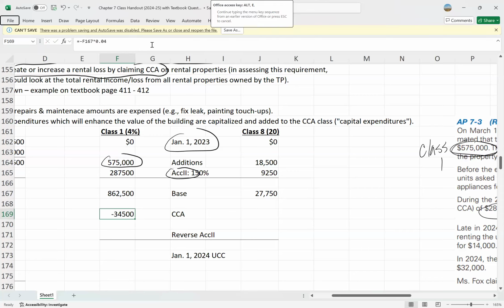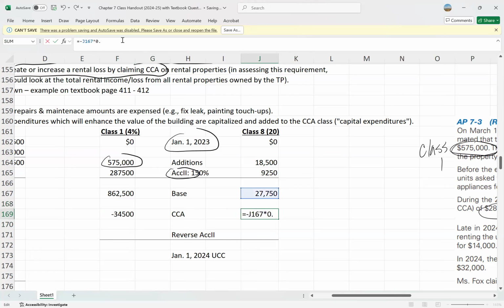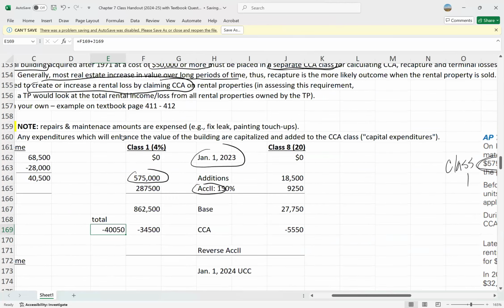And for the furniture, just going to change this ratio here, it's going to be at 20%, and that's going to be 5,550. So we look at the total CCA. The total CCA is 40,050. And this ties to what I mentioned earlier up here.